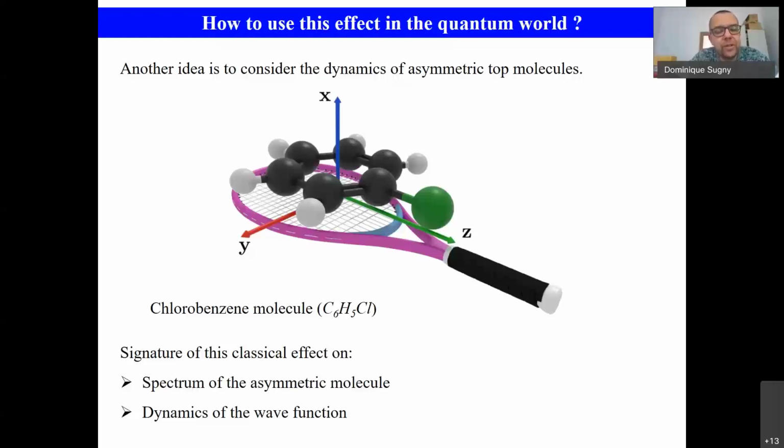We have to adjust the control time of a two tennis racket effect to be sure that we cancel the dynamical contribution of the phase.